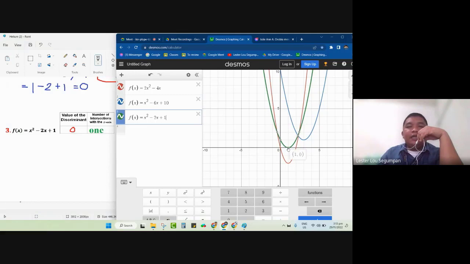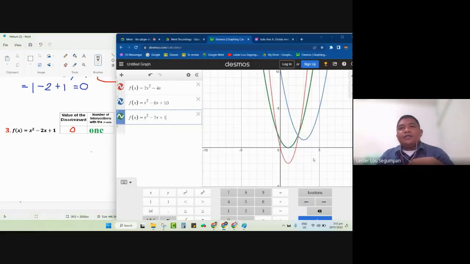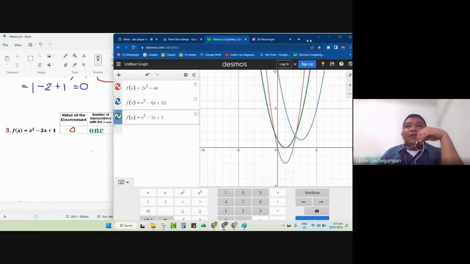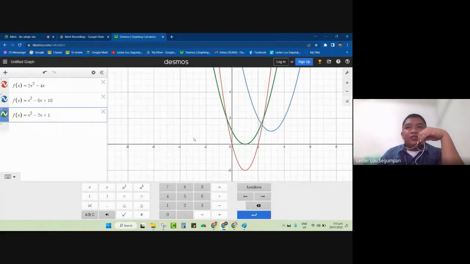It intersects the x-axis at only one point, that's 1, 0. Similar here, 1, 0, which is also our vertex. And even if it intersects the y-axis, it's not counted as a concern. So these are the three graphs of our given three functions.